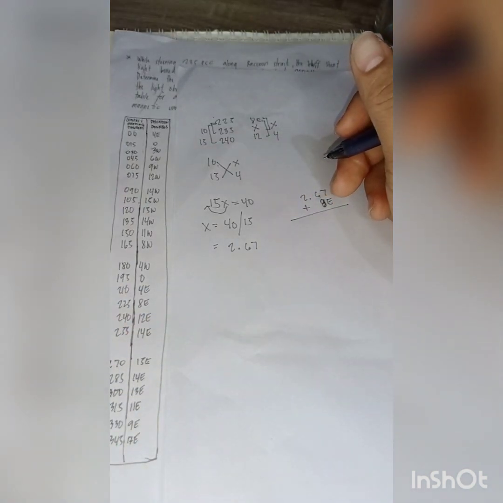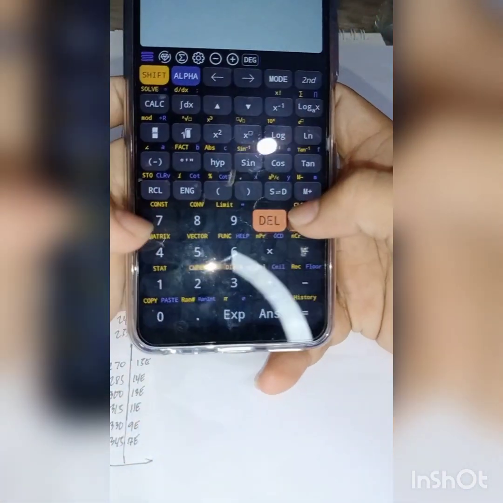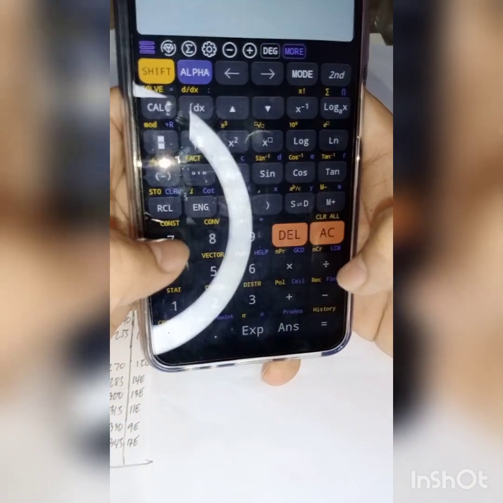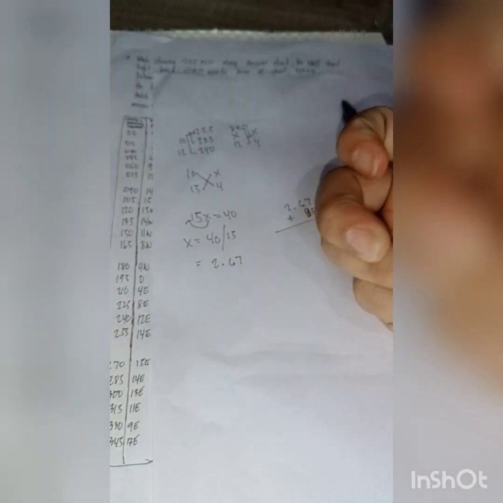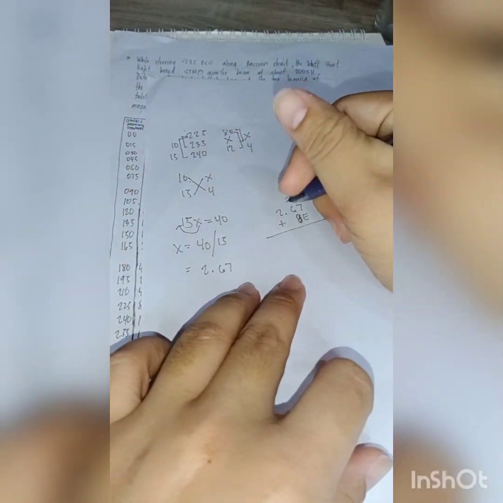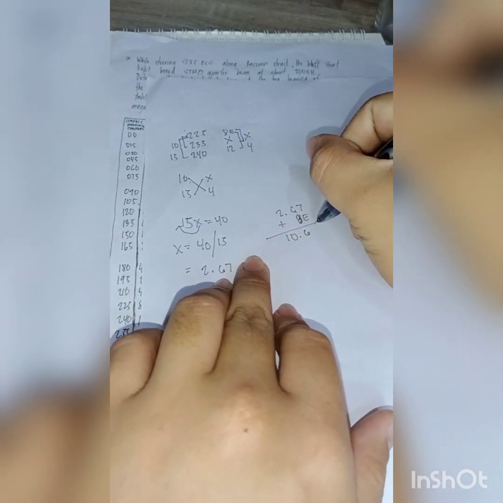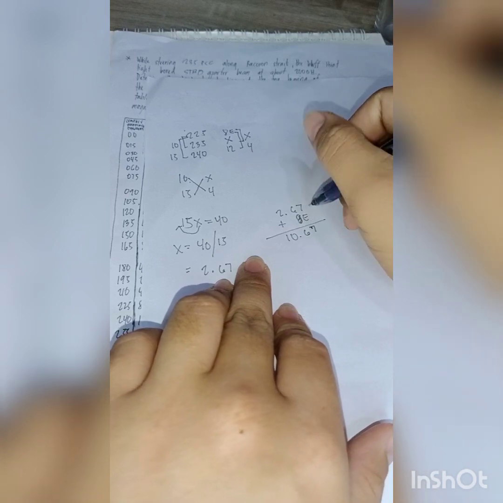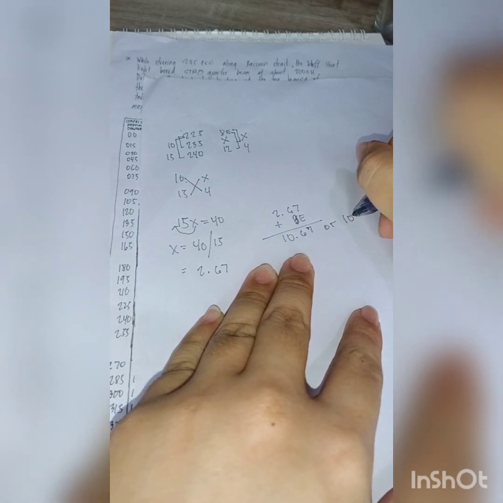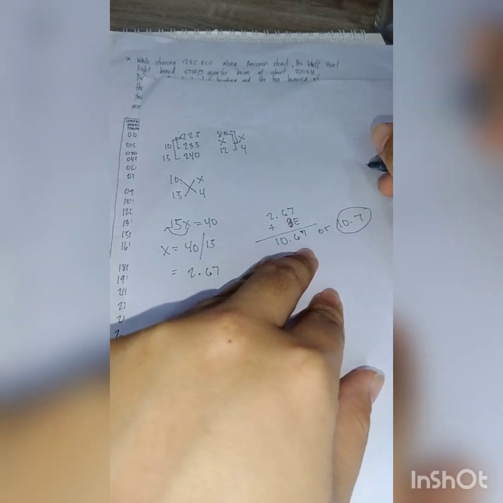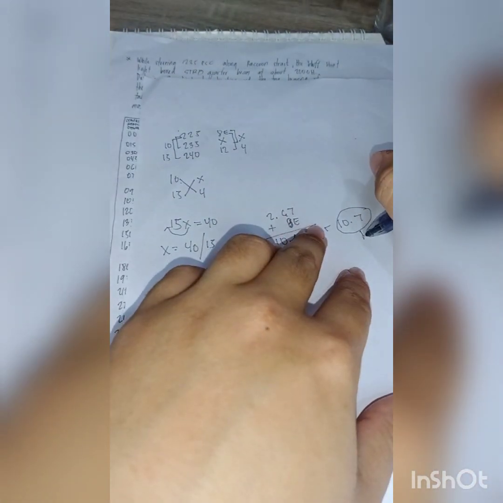So 2.67 plus 8 is 10.67, or 10.7. So our deviation is 10.7.